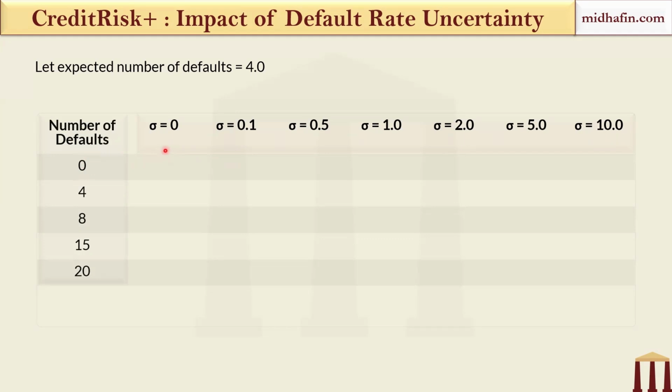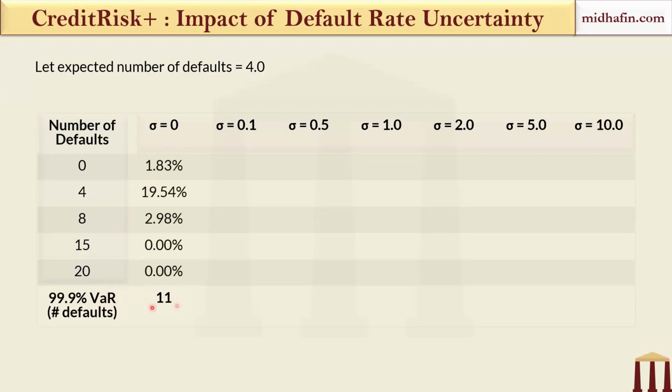So when the standard deviation of the default rate, sigma, is 0, since we are assuming that the default rate itself is uncertain, obviously there will be some standard deviation of the default rate. If it is 0, it means there is no uncertainty; the model is assuming that the default rate is constant and known exactly. In this case, the defaults will be assumed to occur independently, and the 99.9% VaR comes out to be 11. These are the respective percentages for the number of defaults.